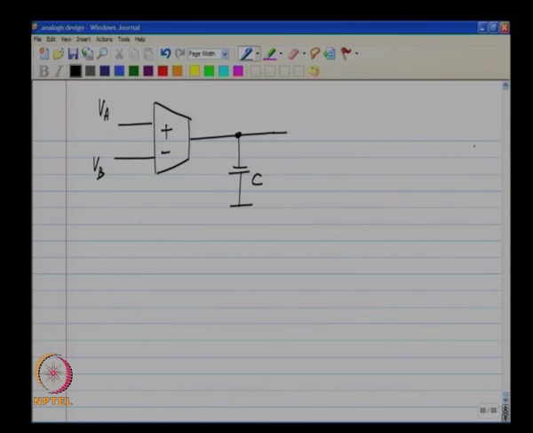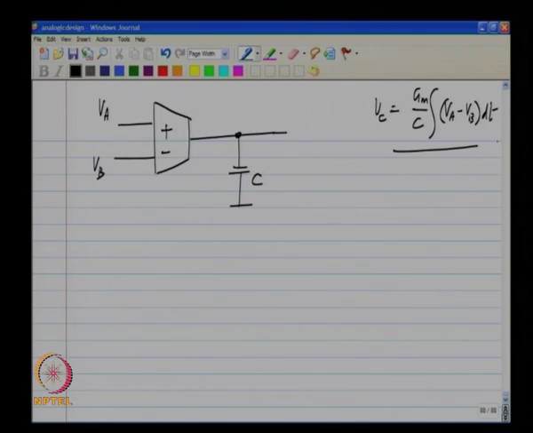So, now we know that the voltage at the output or the voltage across the capacitor is some constant times integral of VA minus VB with respect to time.